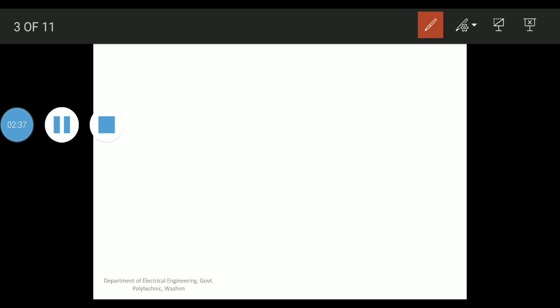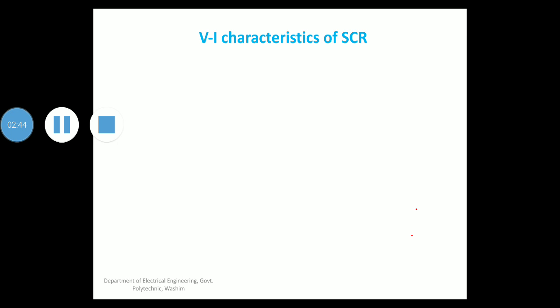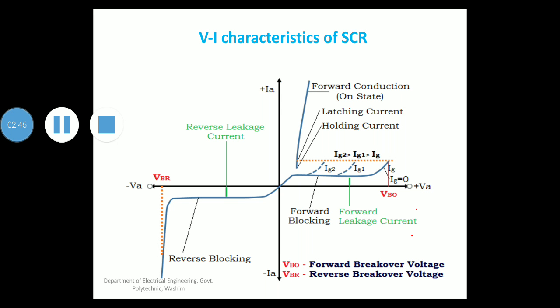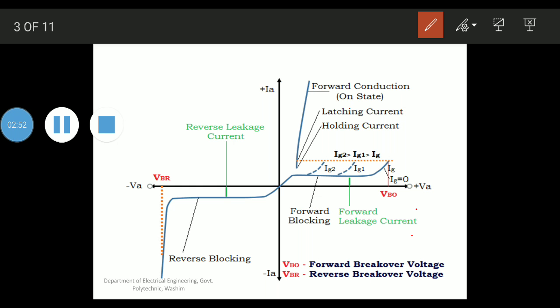Now let us see the actual VI characteristics of the SCR. This is the VI characteristics of SCR. This is the voltage applied across anode and cathode, and this is the anode current.